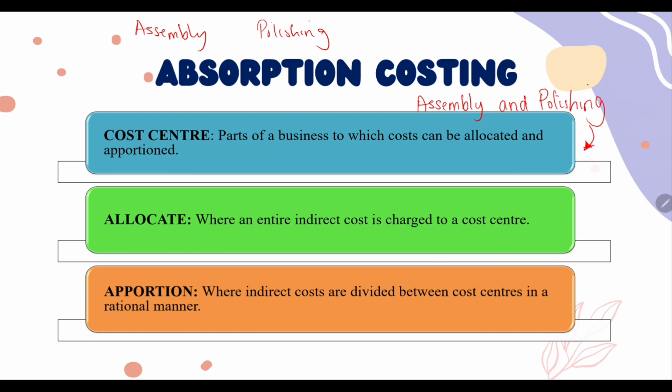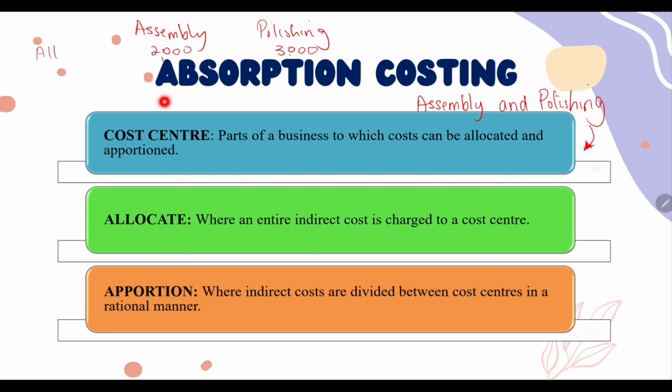Sometimes we may have costs that are directly attributed to assembly. For instance, we may have a supervisor named Ashley in assembly, who earns 2,000, and somebody in polishing, say Prakash, who earns 3,000. We can put those costs directly.